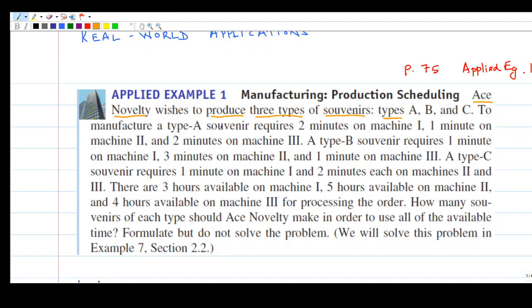And they're calling them types A, B, and C. To manufacture a type A souvenir, it requires 2 minutes on machine 1, 1 minute on machine 2, and 2 minutes on machine 3.